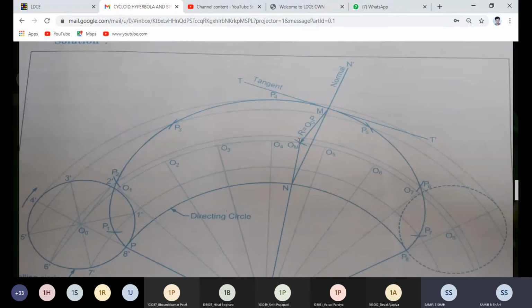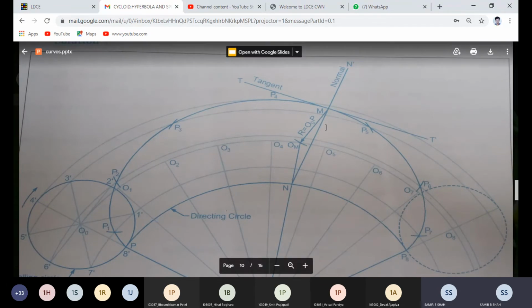Draw the line OM by joining the points. Now join N and M and extend that line, that is NN dash. It is our normal, and draw the perpendicular line to NN dash. It is our tangent. So NN dash and TT dash are the normal and tangent of the respective epicycloid.